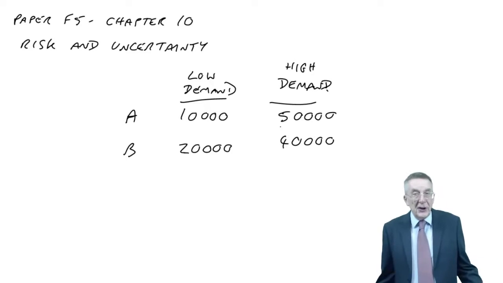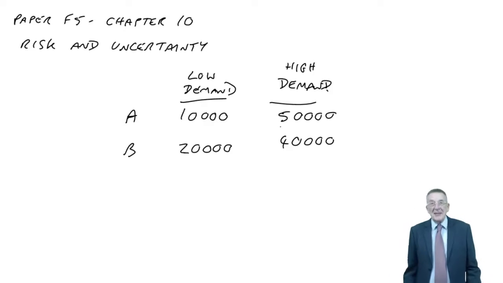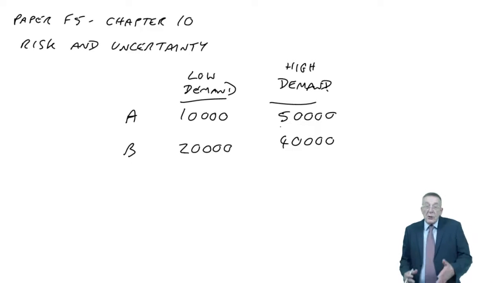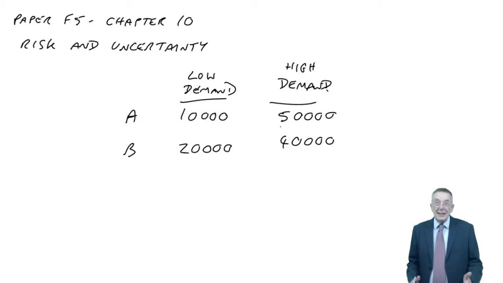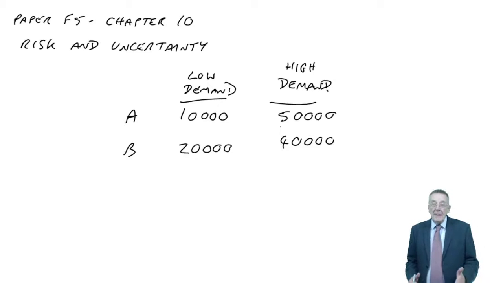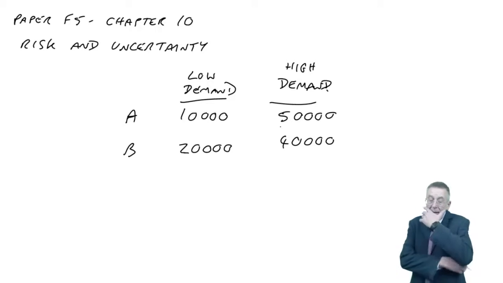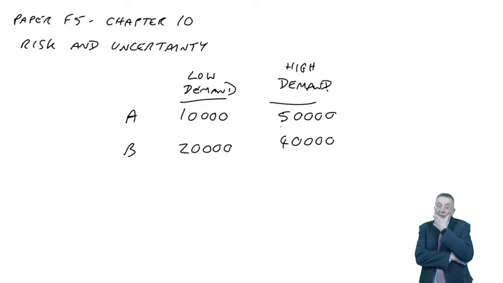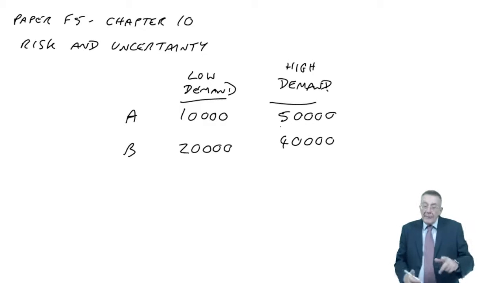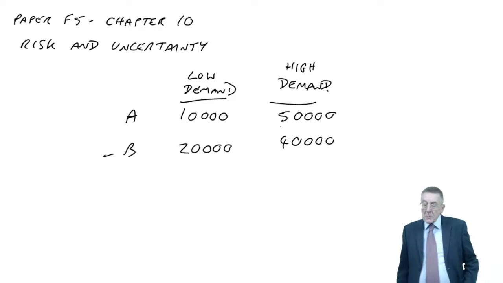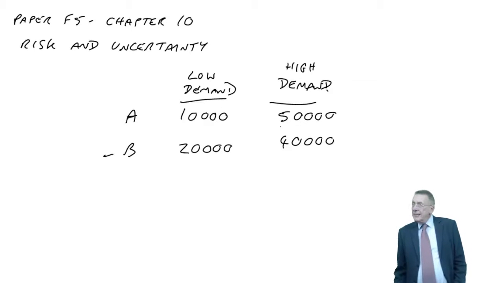Now, I can't hear an answer, but I wouldn't expect an answer, because there's no rule here. There is no best way of making a decision like this. One thing I might do is this. I might say to myself, well, there's quite a lot of money involved there. If I pick B, then of course I'm guaranteed to get at least 20,000.